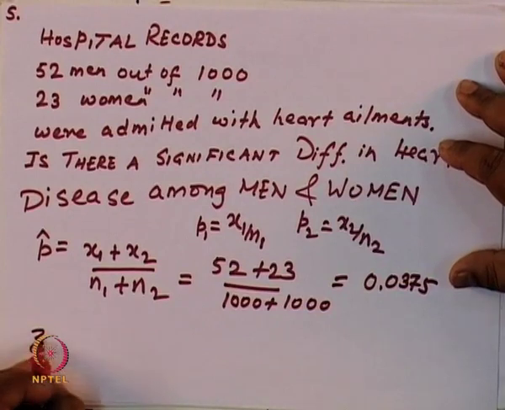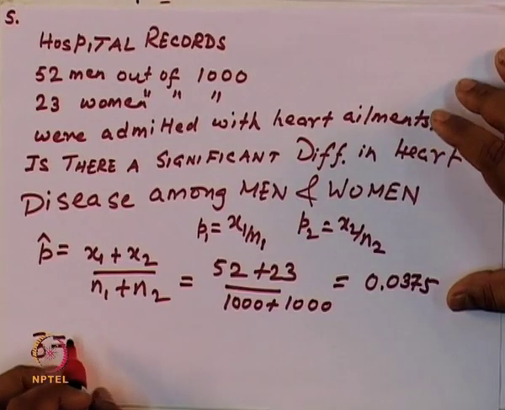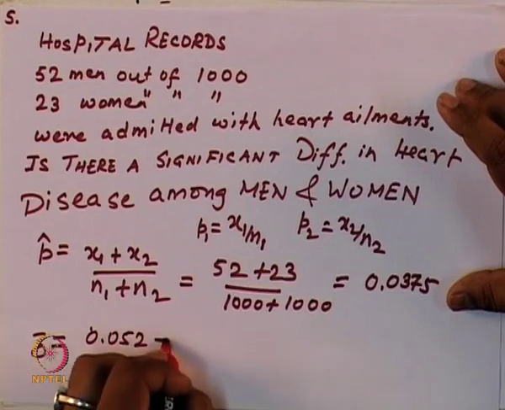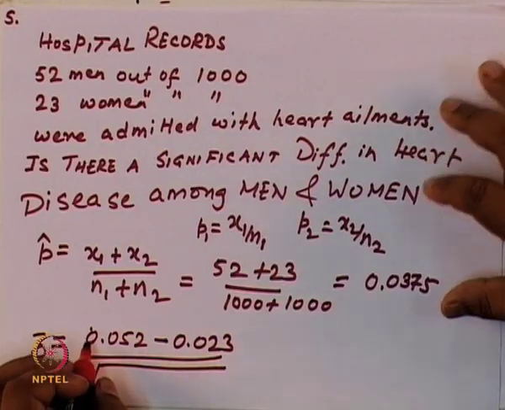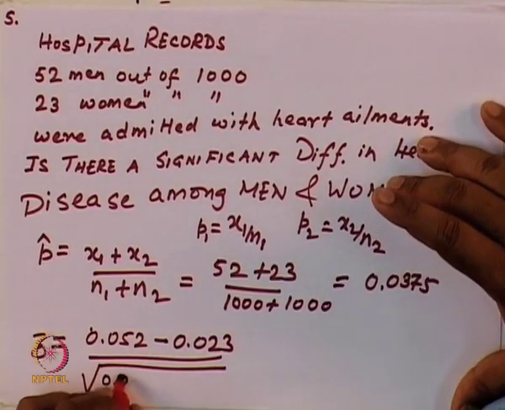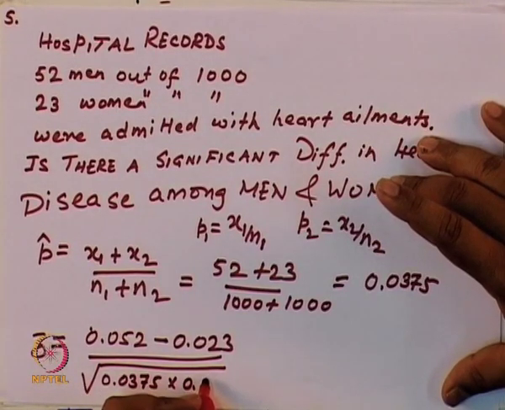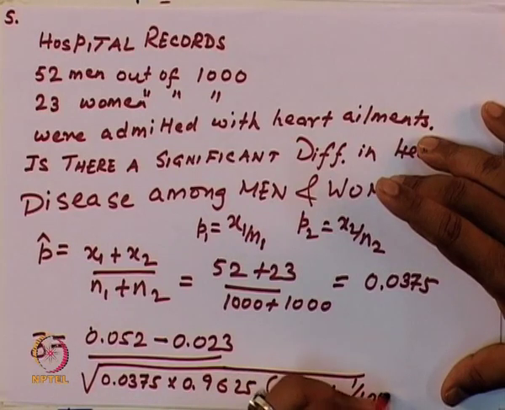So, based on this P hat value, I can calculate my Z, which is P1 hat, which I know to be 0.052, minus 0.023 by root of, I use this common value, P hat into Q hat, which is 0.9625, into 1 by 1000 plus 1 by 1000.